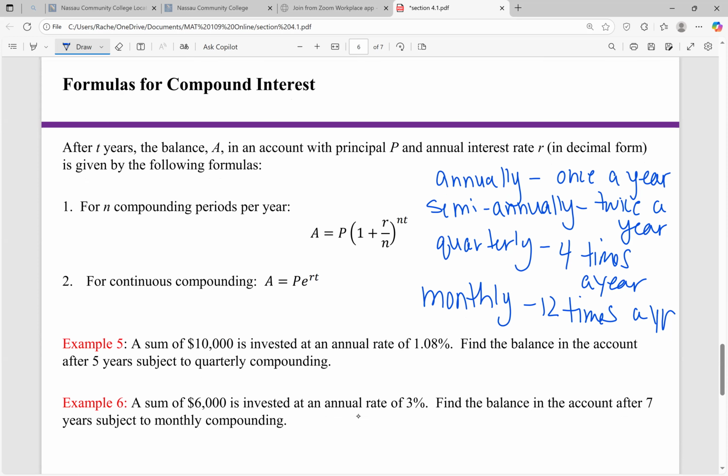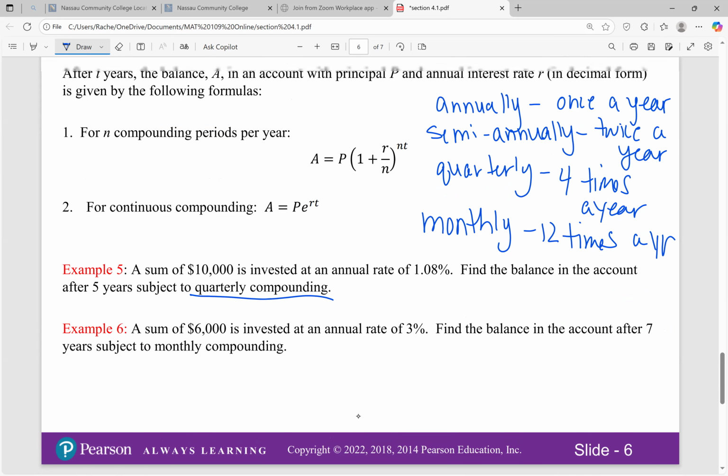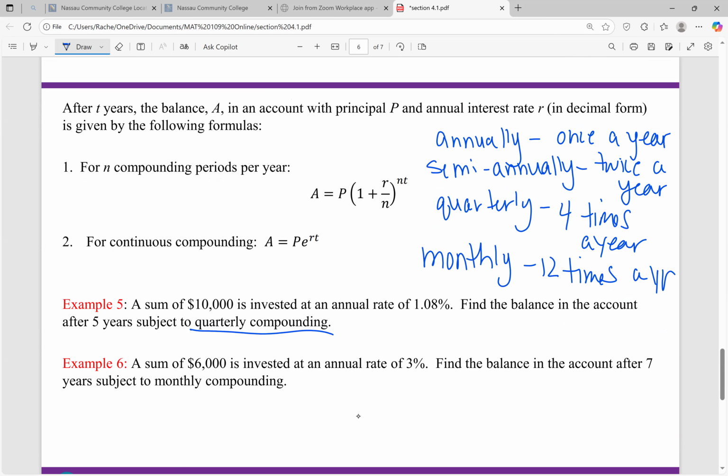So let's look at this first example. A sum of $10,000 is invested at an annual rate of 1.08%. What's the balance in the account after 5 years, subject to quarterly compounding? So our money is going to be compounded quarterly, meaning every 3 months, 4 times a year.